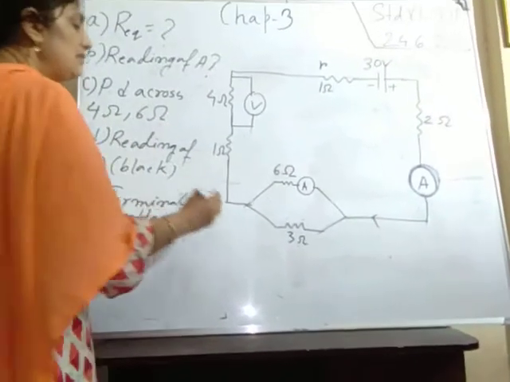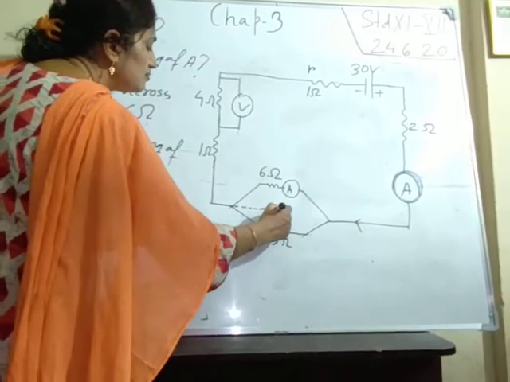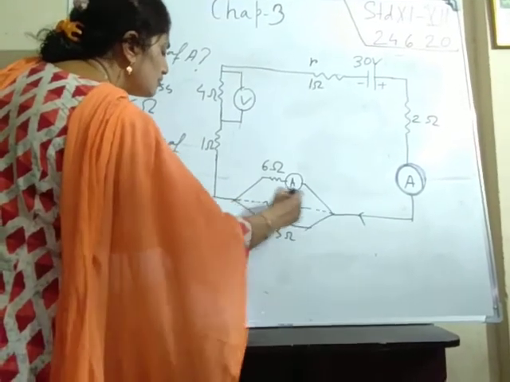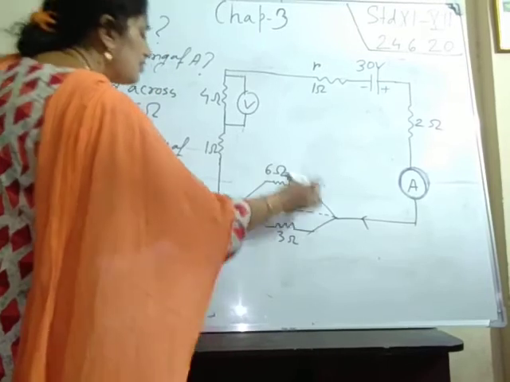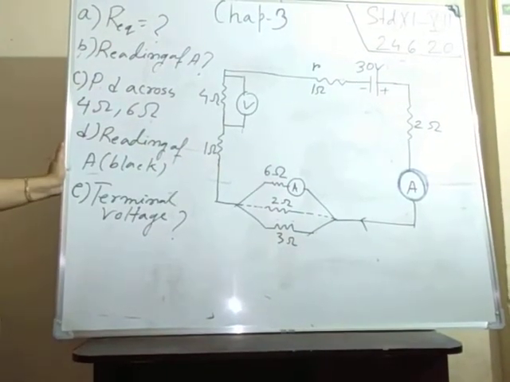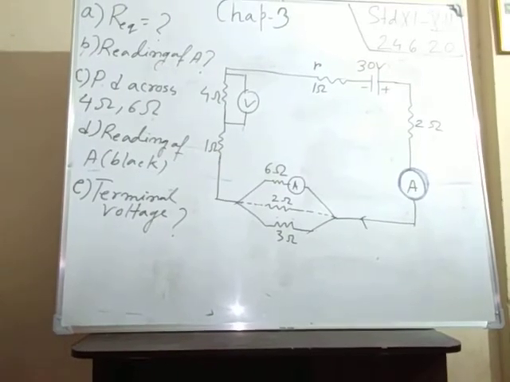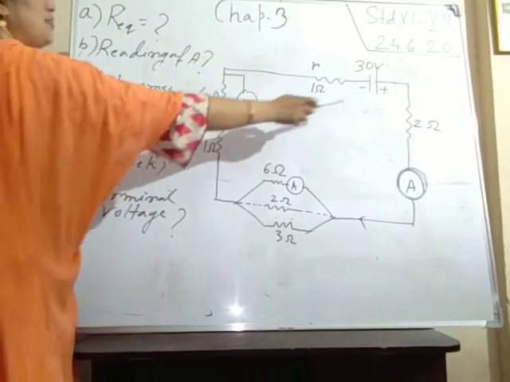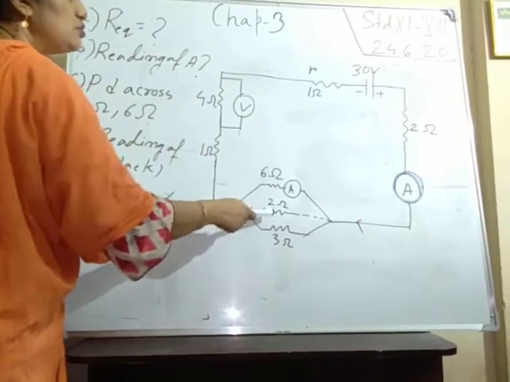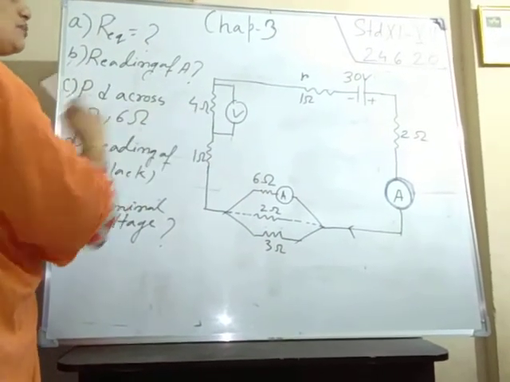So by combining these two I can get here only 2 ohm. Okay, so the total resistance will be what? 1 plus 2, 3, 3 plus 2, 5, 5 plus 1, 6, 6 plus 4, 10.